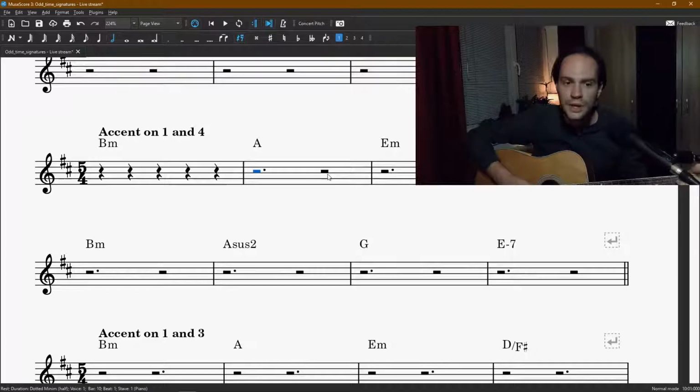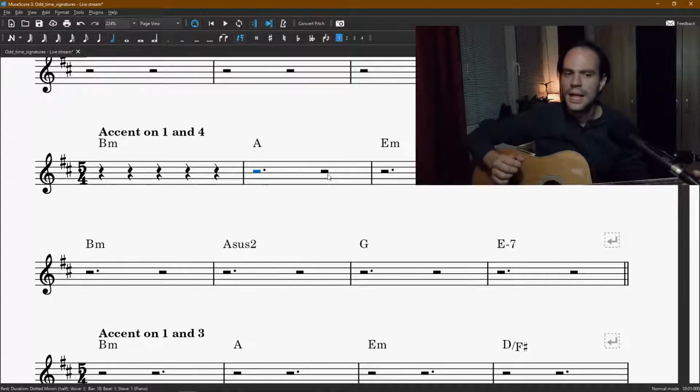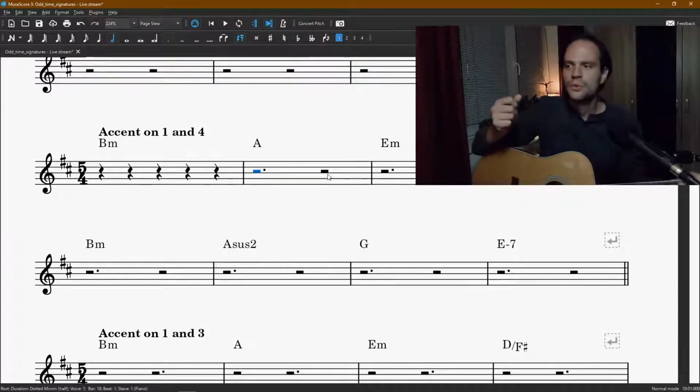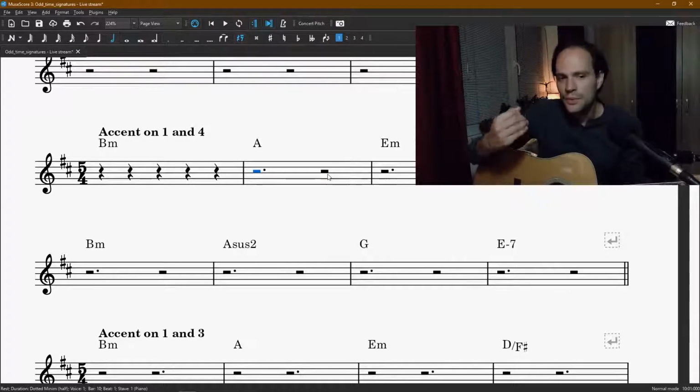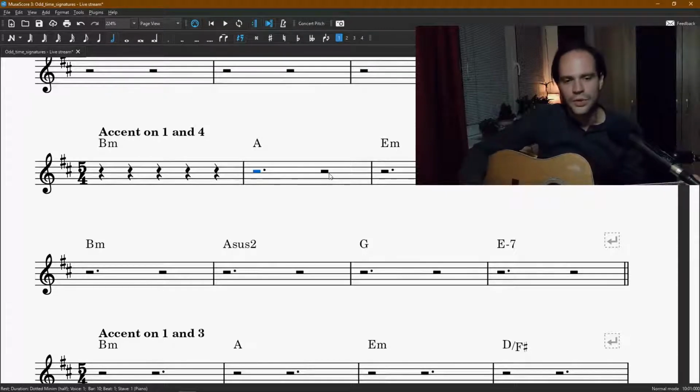So that's how you divide it. If we would not do that, you would just have 1, 2, 3, 4, 5, 1, 2, 3, 4, 5. That would be a bit monotonous, so to speak.